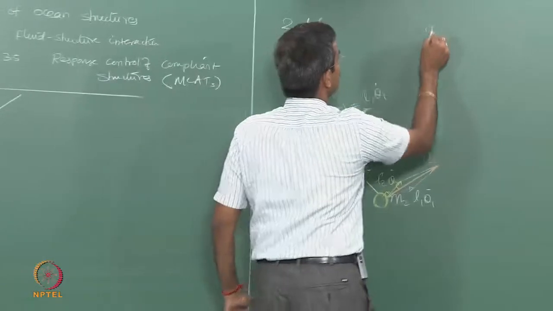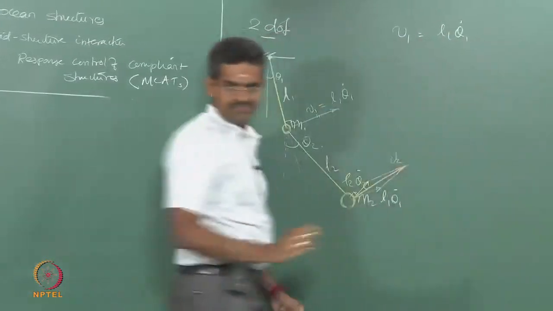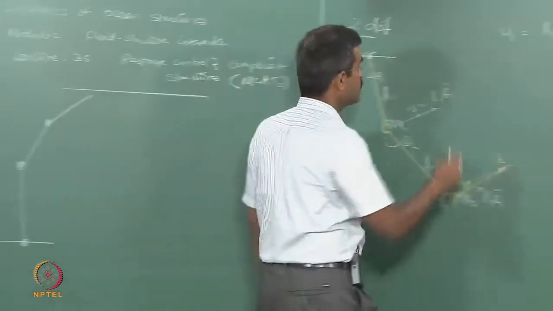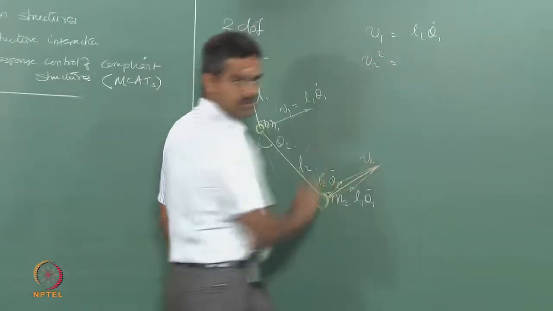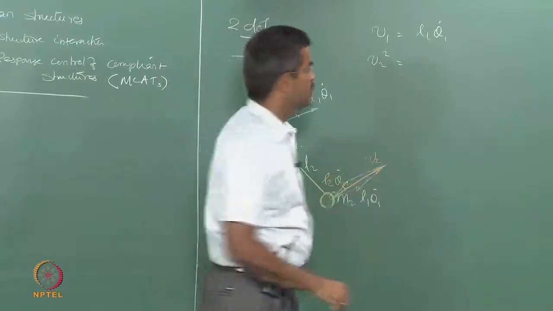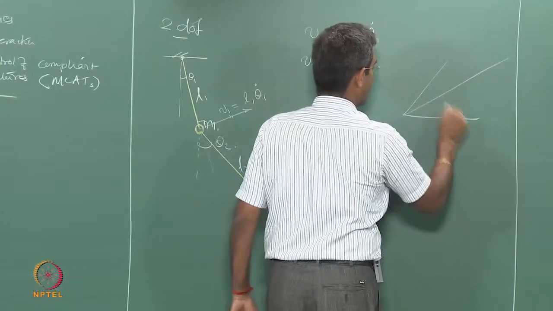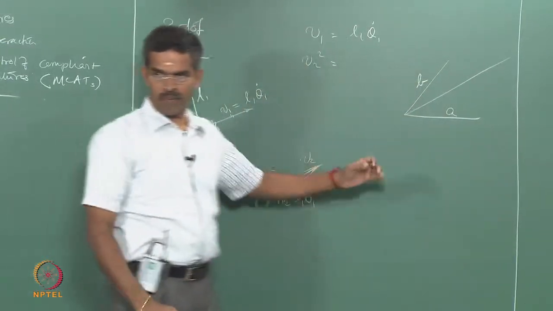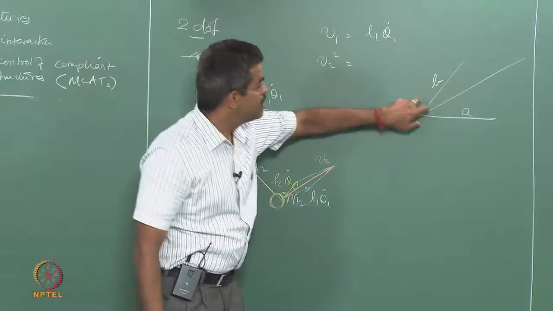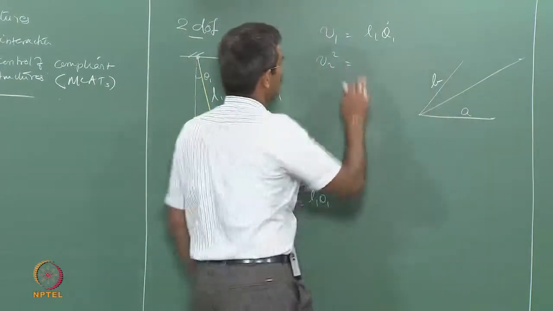So V1 is going to be L1 theta 1 dot, whereas V2 square will be using a cosine rule. We already know the cosine rule. If I have, let us say, this is A and this is B, I should say A square plus B square minus 2AB cos of the included angle between A and B, that will give me the resultant of this, is it not? Similarly, I do it here.